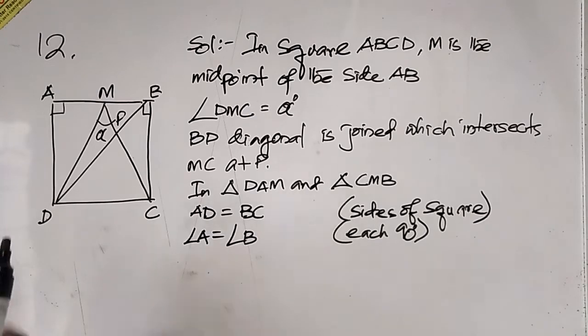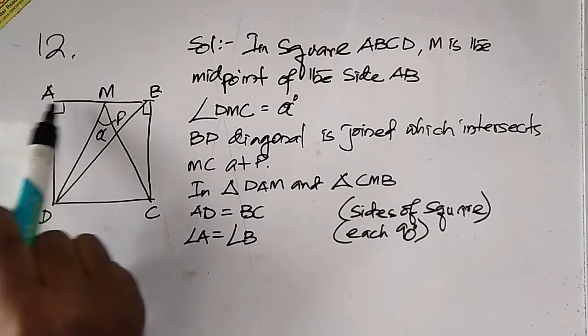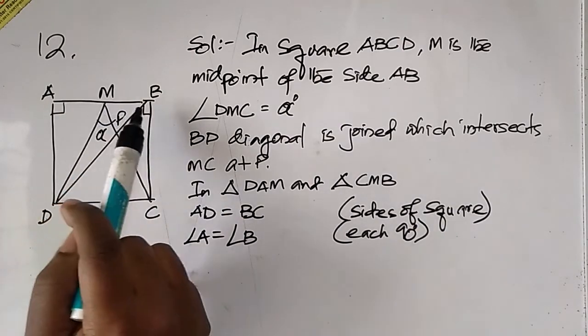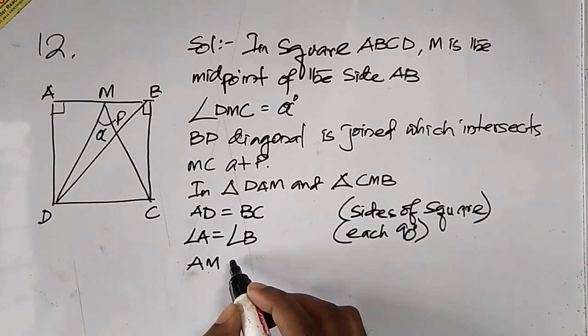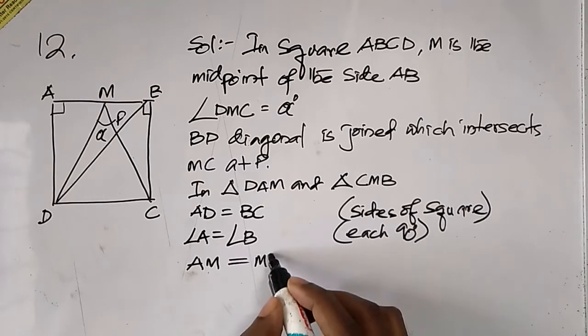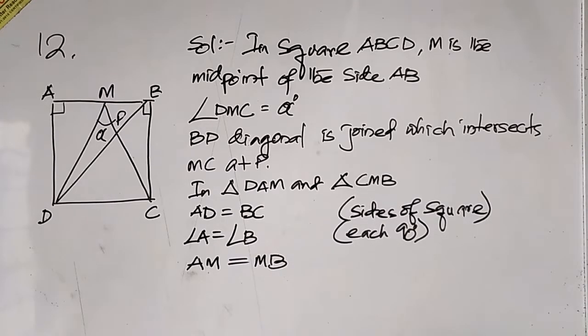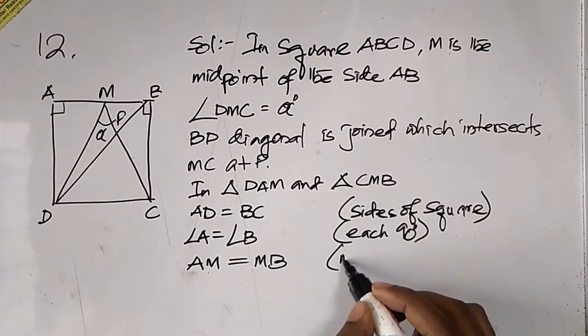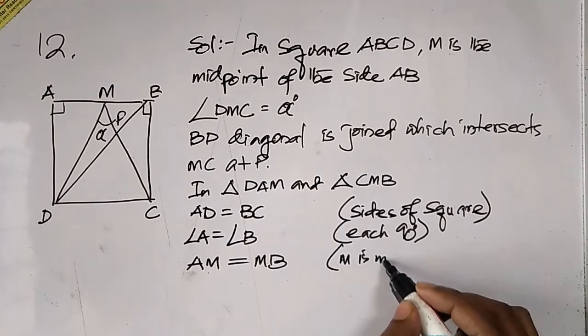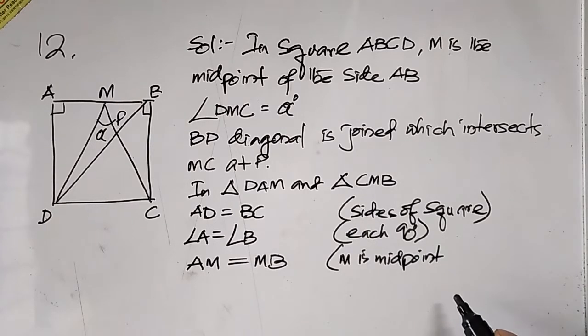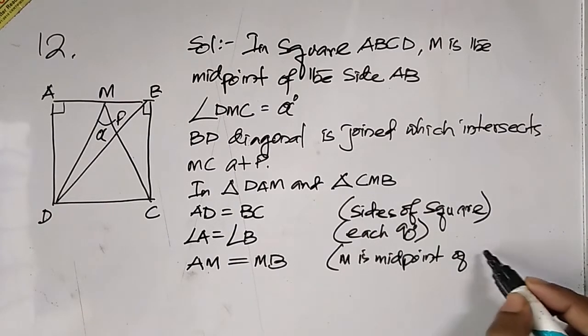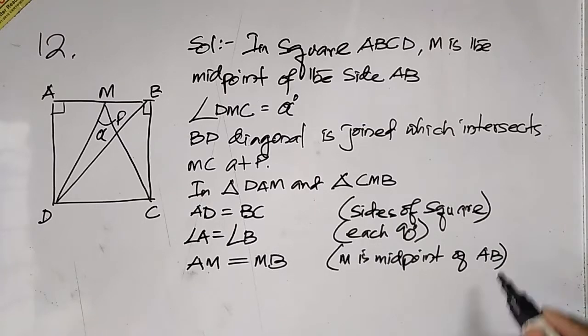Alright, now AM, we have learned in the question it is given that M is the midpoint. That means AM will be equal to MB. Right, line segment AM is equal to line segment MB. What's the reason? M is the midpoint of line AB.